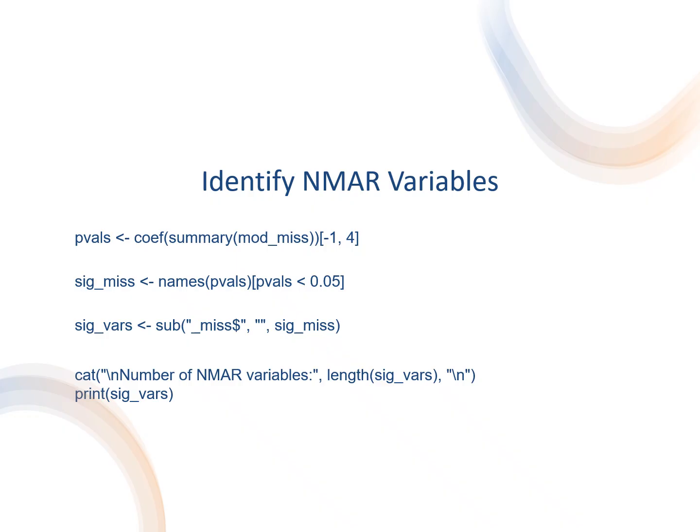Next, identifying the NMAR variables. After running the missingness model, I extracted the p-values of each missingness indicator, because any indicator with a p-value below 0.05 is statistically significant. These significant variables are likely not missing at random, or NMAR, meaning the pattern of missingness depends upon the diabetes outcome.